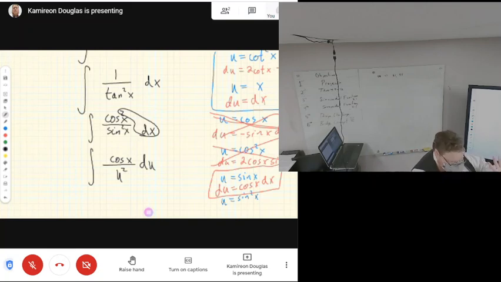Do we have a formula that directly links sine of x to cosine of x anywhere? Okay. Let's look at that. Hold on to it.